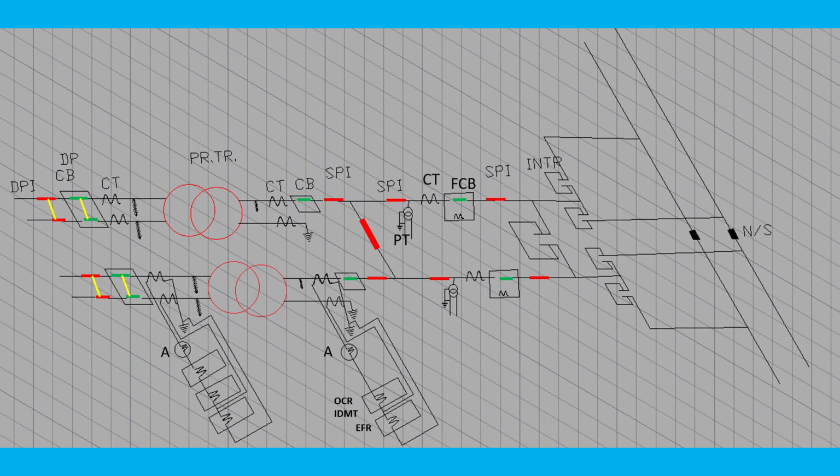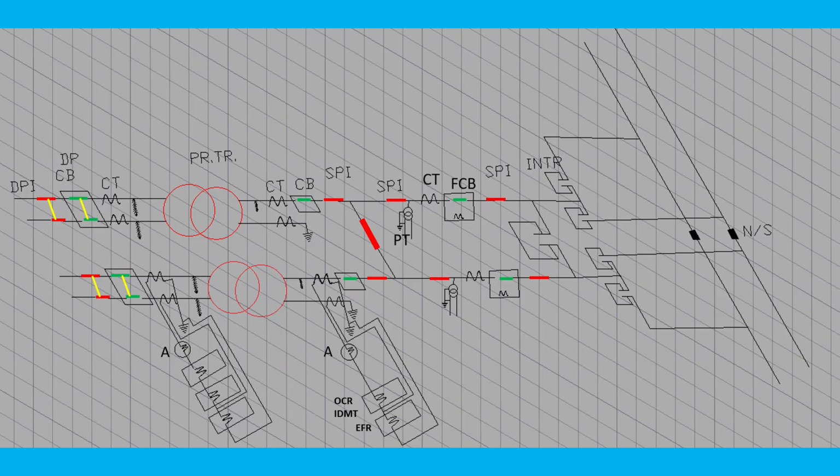That means if the CT is taking current of 100 ampere, it will be converted to 5 ampere for the relay. So you should know this stepping down of current. Stepping down of current means stepping up of voltage, but the CT is connected in series.